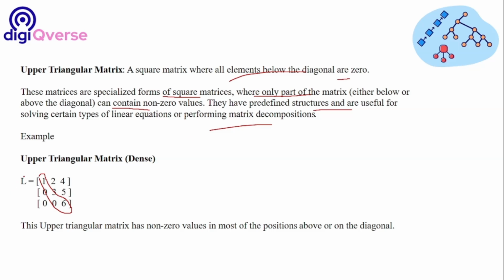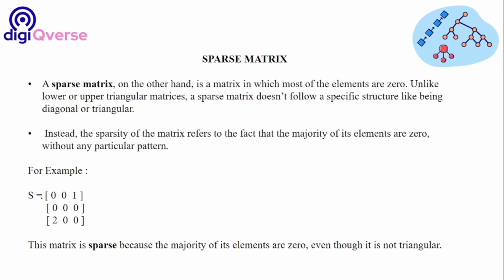This is an example of the upper triangular matrix, represented as U. This upper triangular matrix has non-zero values in most of the positions above or on the diagonal. The diagonal elements here are 1, 3, 6 in this 3 by 3 matrix, and above the diagonal are the non-zero elements and below the diagonal the elements are 0, right? So that's the representation of lower and upper triangular matrices.